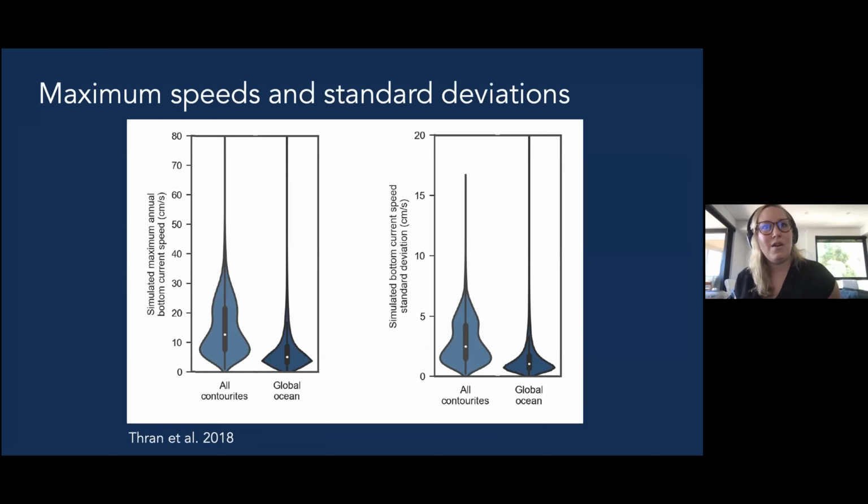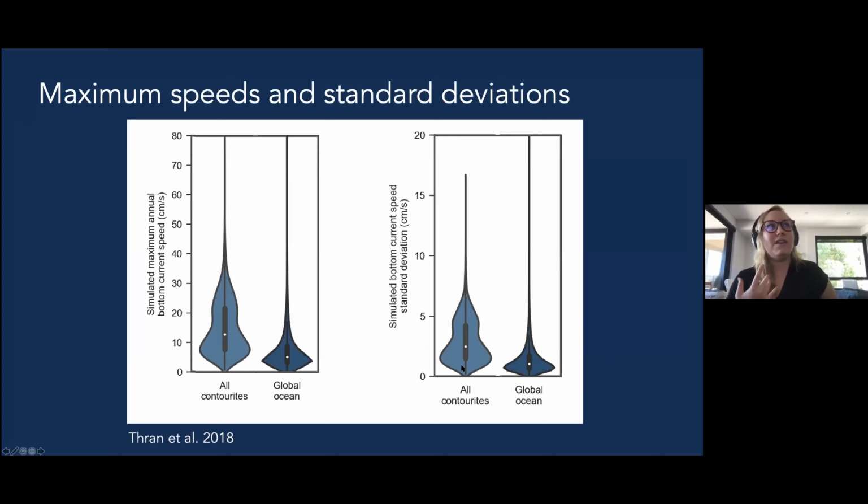And so over Contourites, the bottom currents achieve much higher maximum speeds than the rest of the ocean, and they tend to achieve these 10 to 15 centimeter per second thresholds that I was referring to before. And the standard deviations tell a similar story, where the bottom currents are fluctuating in intensity much more over Contourites.